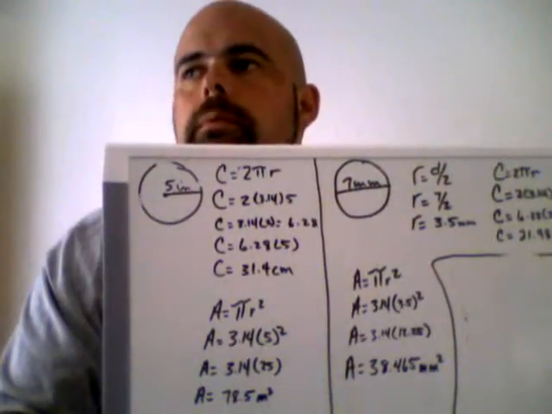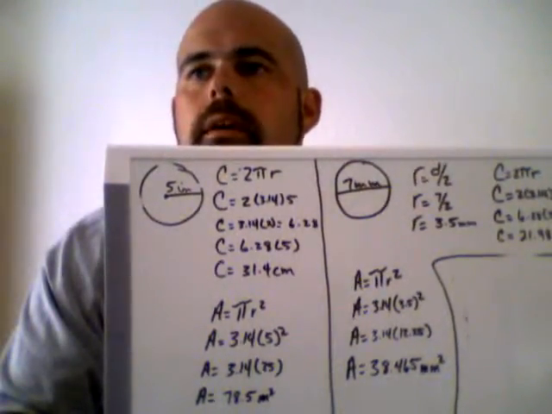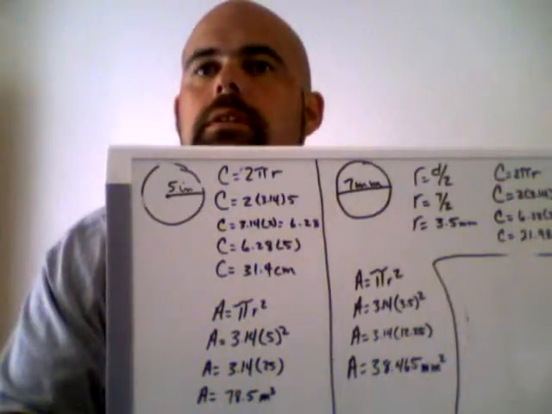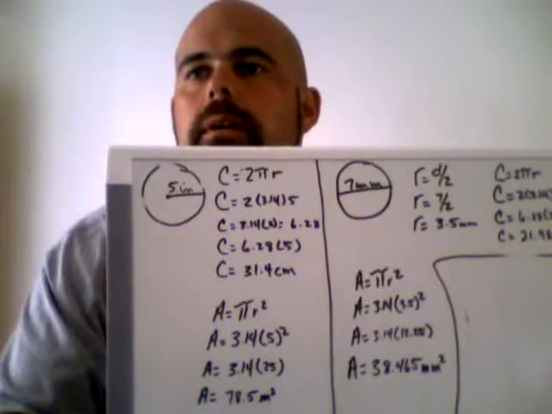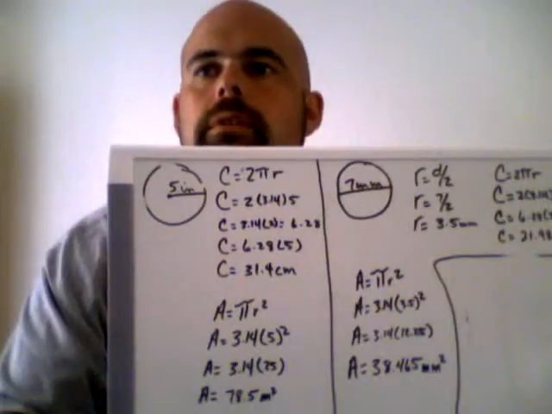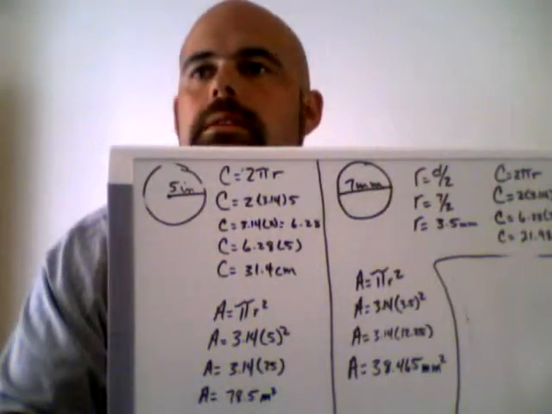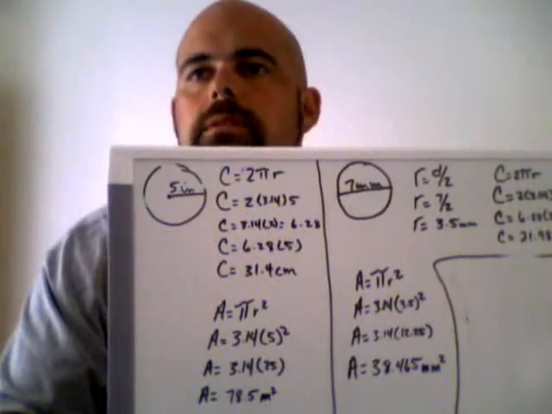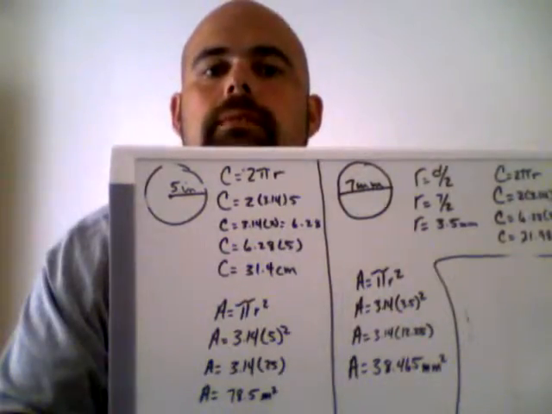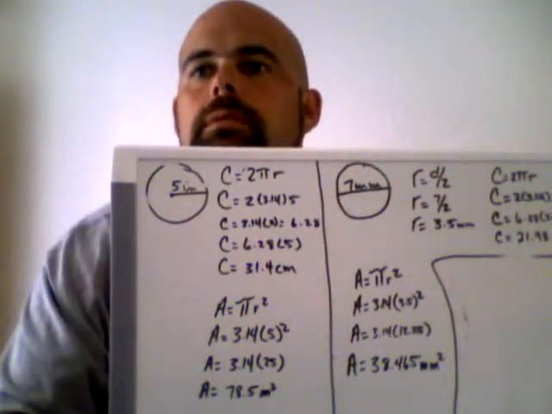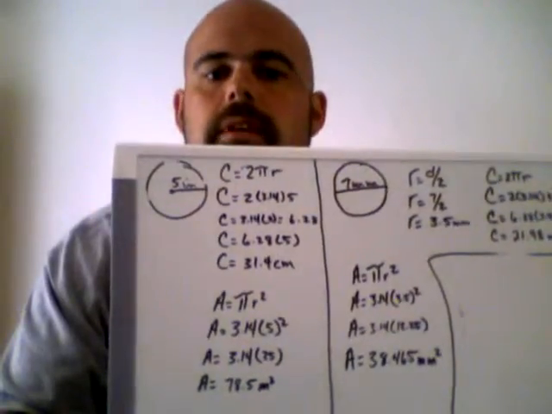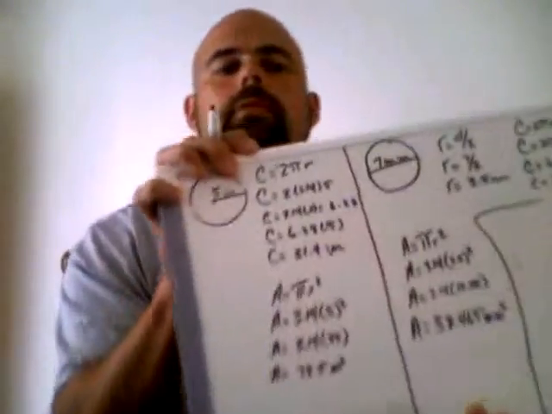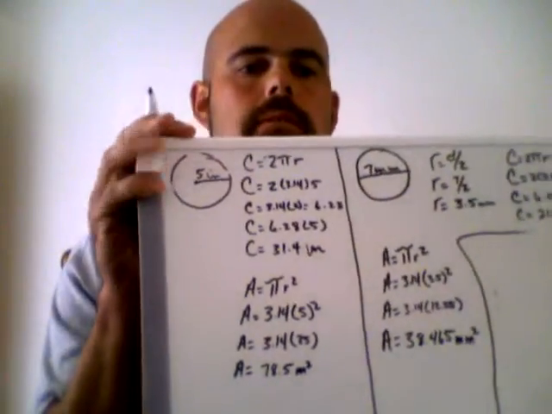Now you have to remember, when dealing with area, it is measured in units squared. Whenever you're dealing with area, it is not the same as circumference, where it's 5 inches. It is 5 meters squared, or 78.5 meters squared. And I see where I made a mess up. Okay, it's 31.4 inches, not centimeters.